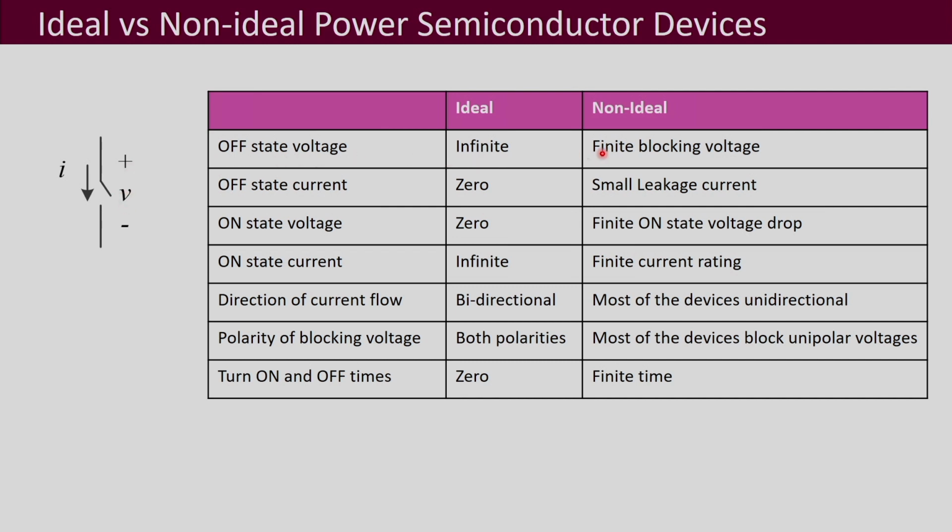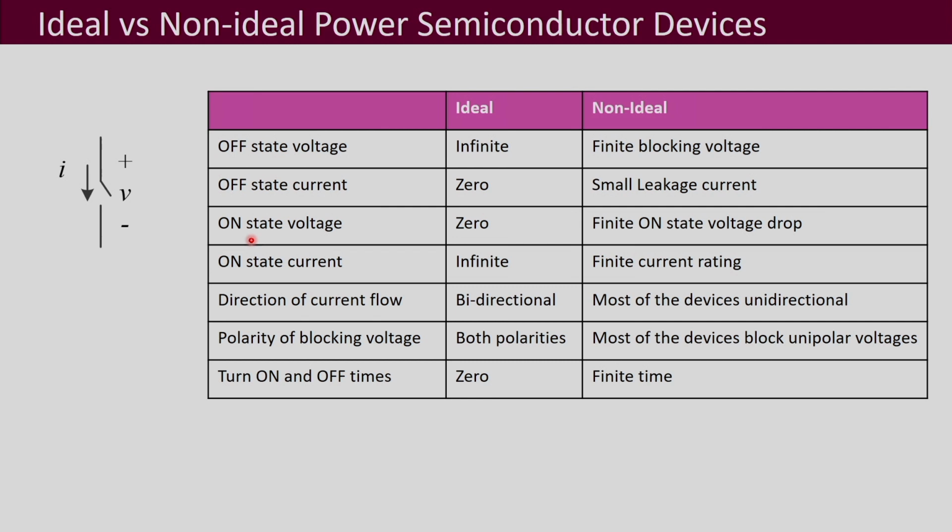But we know that practically all practical devices will have a finite blocking voltage. It will not be infinite. Then the off state current: when the device is off, we assume ideally that the current through it is 0. But practically there will be some small leakage current flowing through it even when the device is off.